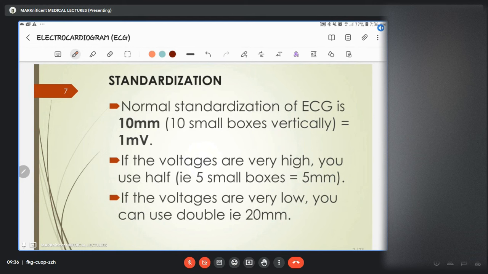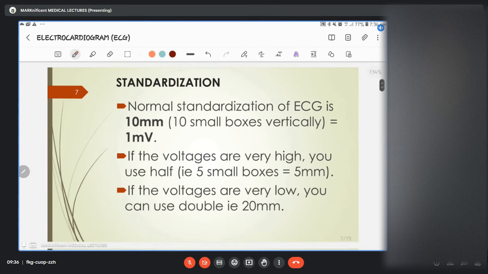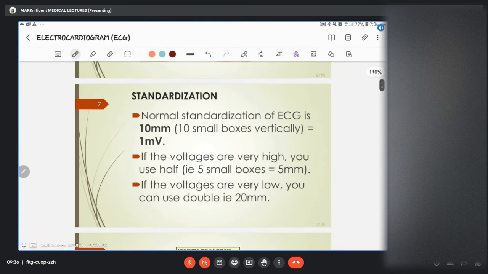For standardization, for the normal ECG, there are 10 small boxes vertically. In total, this is 10 millimeters by measurement, so you just confirm by counting the number of boxes.